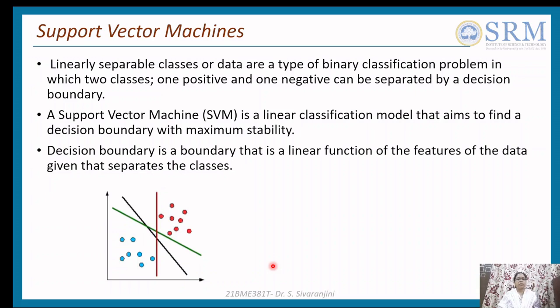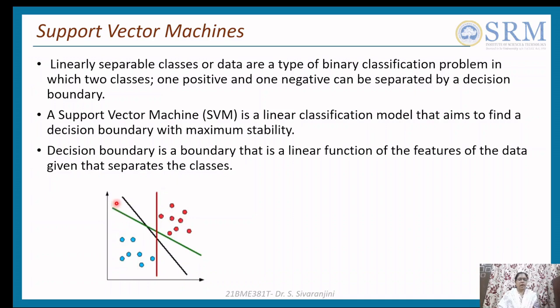Maximum possible margin means this: a hyperplane separates the two classes, and we can have the hyperplane here or here. So which hyperplane, or decision boundary, is the best one will be targeted by the support vector machines. What are we going to do for this?